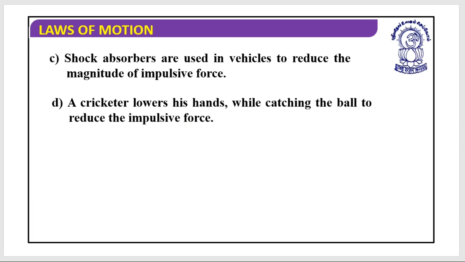Let's have one more example. Shock absorbers. I hope you understand what shock absorbers are. In non-technical terms, they are called jumpers as well. Shock absorbers are used in vehicles to reduce the magnitude of impulsive force. It increases the time of action on an object, and when it increases the time, it reduces the force.